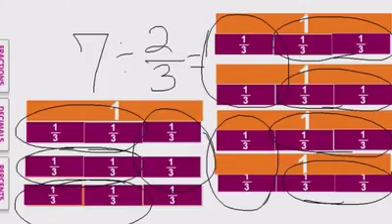Okay, and you can see also that we've got a 1/3 piece by itself, so hold on to that for a sec. Let's count how many we've got so far. 1, 2, 3, 4, 5, 6, 7, 8, 9, 10, and then we've got 1/3 left over.